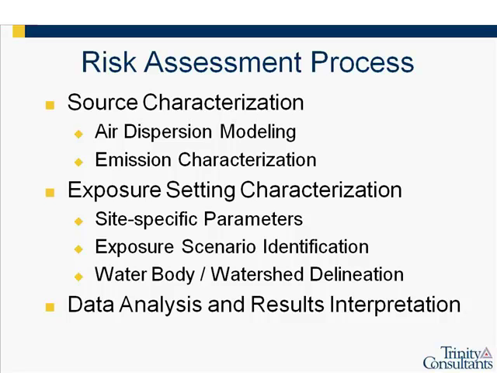Do you have farmers? Do you have fishers? Do you have residents? Do you have subsistence farming, subsistence fishing? All those things are important to characterize the exposure setting. Watershed and water body delineation. Once you've input all that information, you can start doing your analysis and results interpretation. And in a very simplified way, those are the main steps of really any risk assessment process.